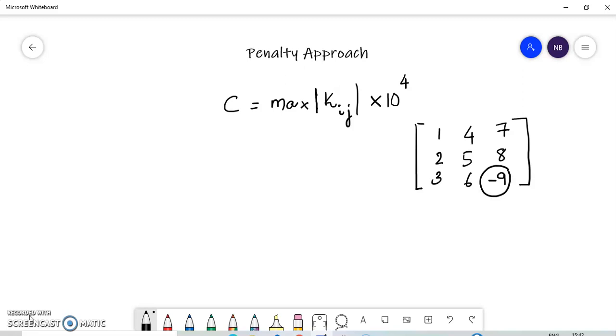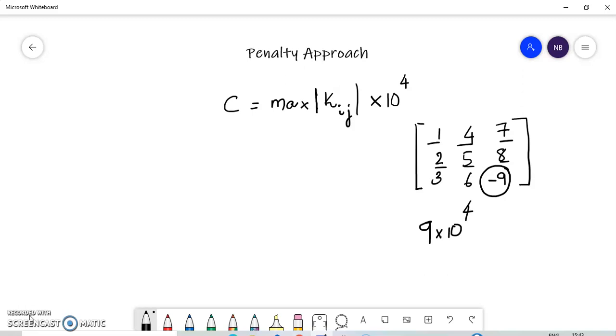So the maximum of Kij, meaning any number from the K matrix, the global stiffness matrix, we have to multiply that by 10 to the power 4. In this case it would be 9 into 10 to the power 4.